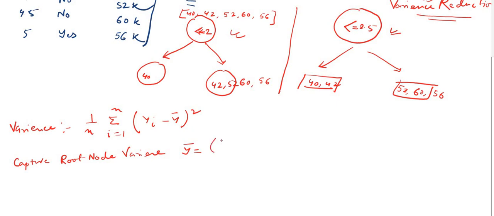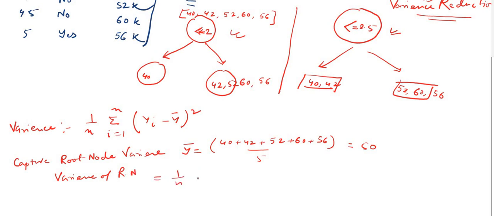It is 40 plus 42 plus 52 plus 60 plus 56 divided by 5, which comes to 50. Then the variance of the root node will be 1 by n, summation from 1 to n, of (yi minus 50) squared.